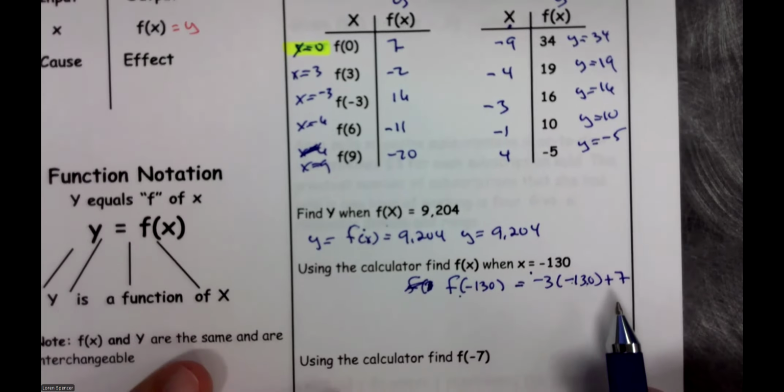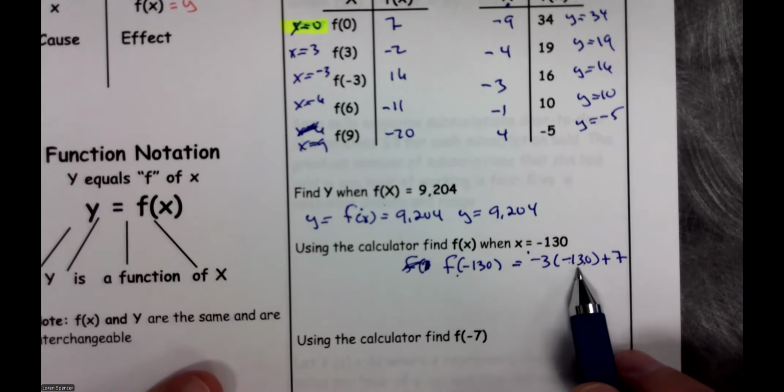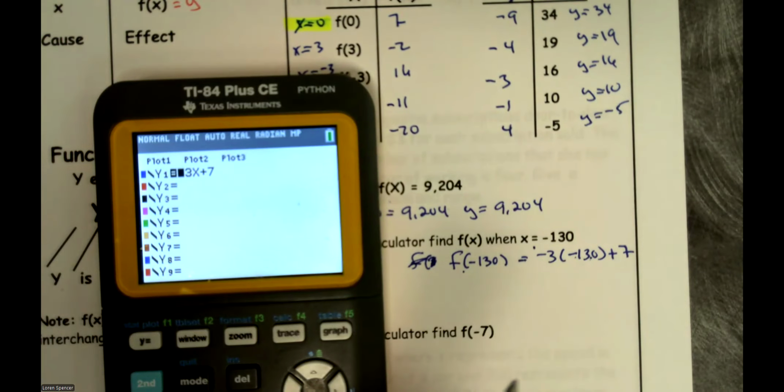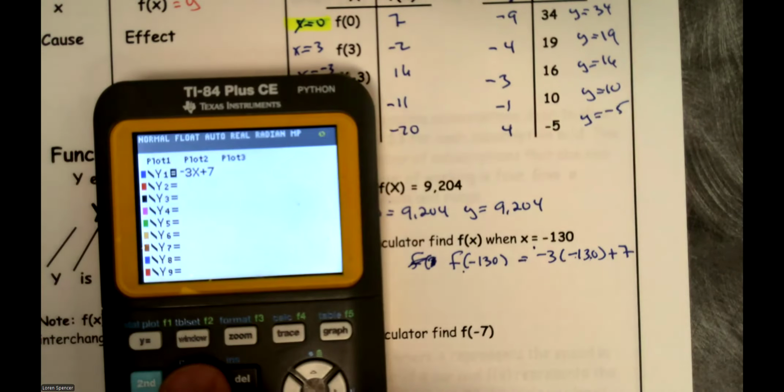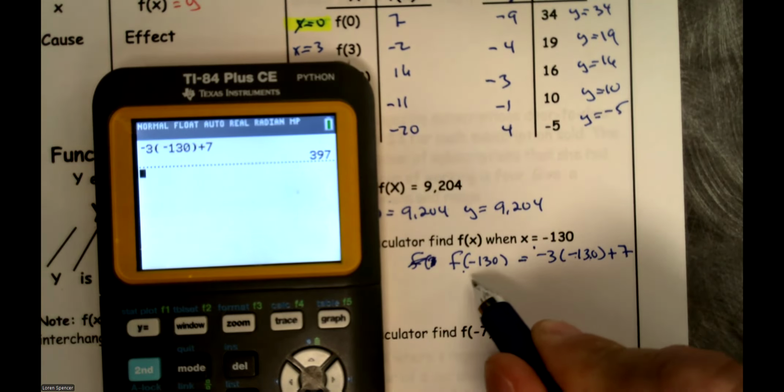Now, I can do this by plugging this into the calculator, and I think I will this time, and then I'll come back and do it via Desmos. I can just second quit, and I should have a clear screen, -3 parenthesis, -130, close parenthesis, plus 7, and I get 397.